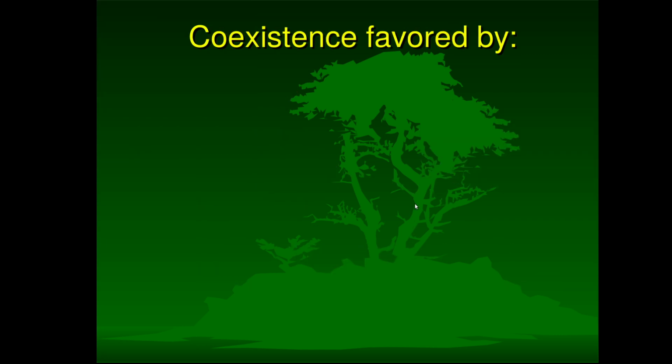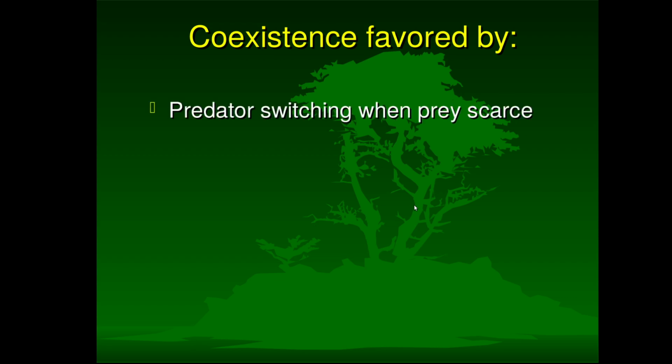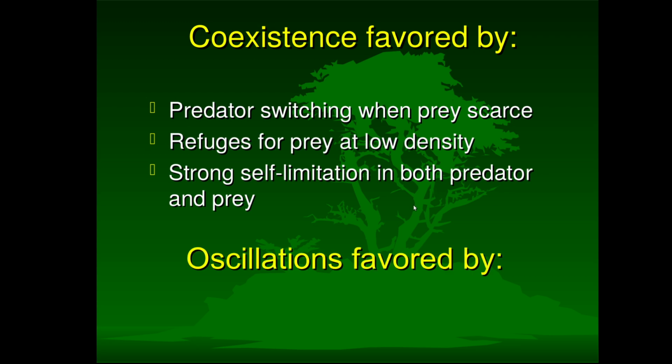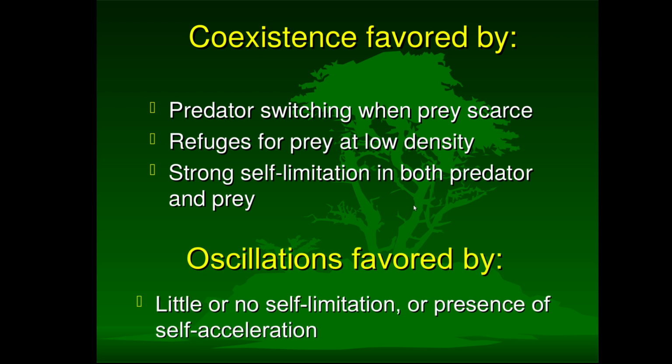So a quick summary of all that we've been looking at. Coexistence between predator and prey is favored by predator switching when the prey is scarce, refuges for prey at low density, and strong self-limitation in both predator and prey. Oscillations are favored by little or no self-limitation, or the presence of self-promotion or self-acceleration.